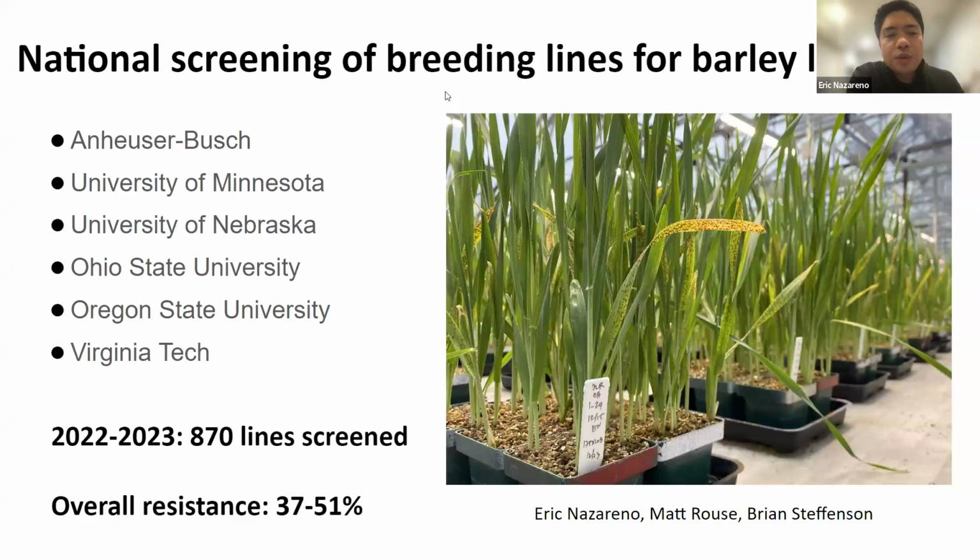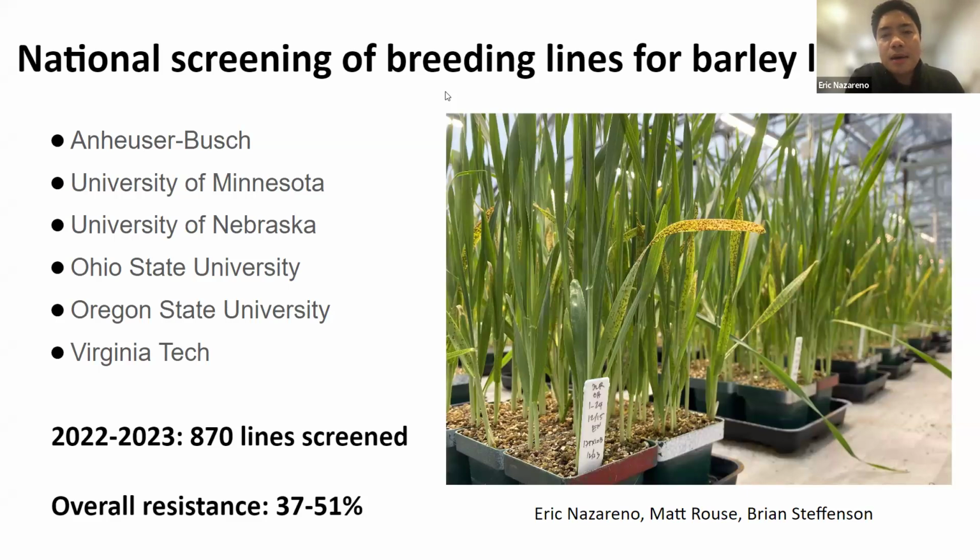We screened about 870 lines in the past two years for barley leaf rust. We do this at the seedling stage, as you see in the picture. We screen them against a moderately avirulent isolate of the pathogen, a mild strain of barley leaf rust.